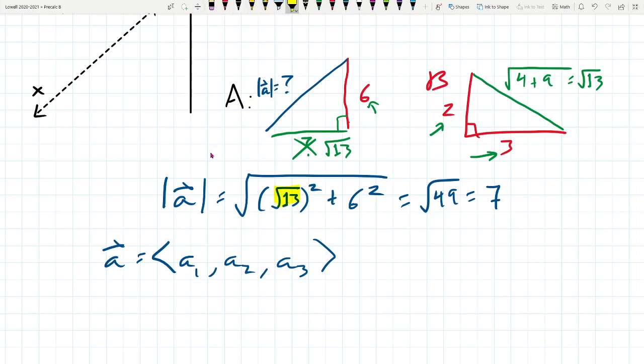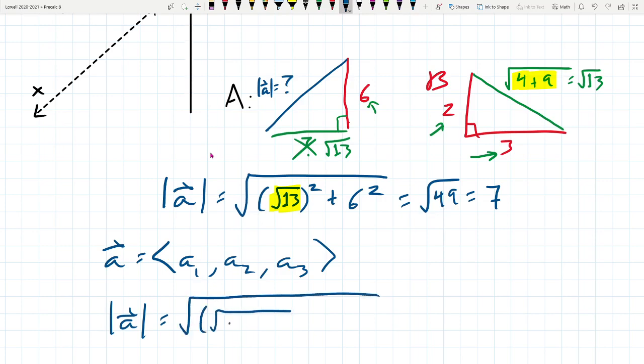Well, this actually just comes from the X and Y components squared. And so this ends up being the square root of a1 squared plus a2 squared.